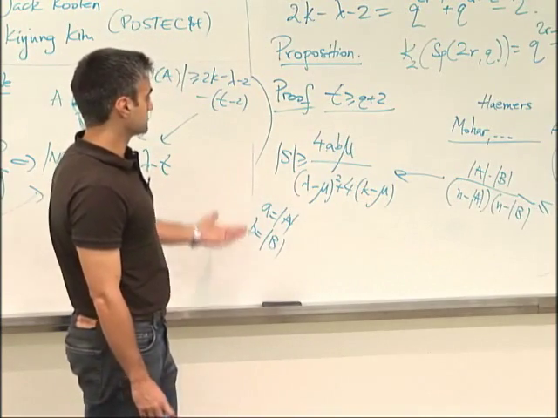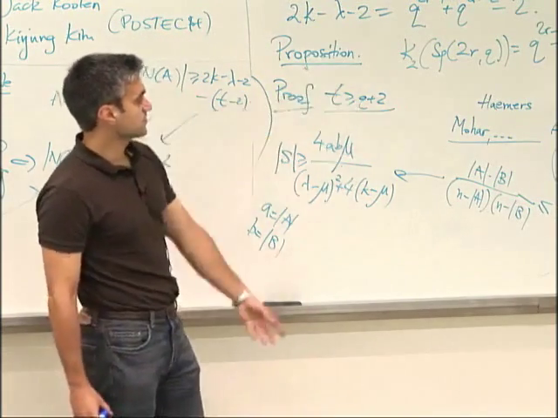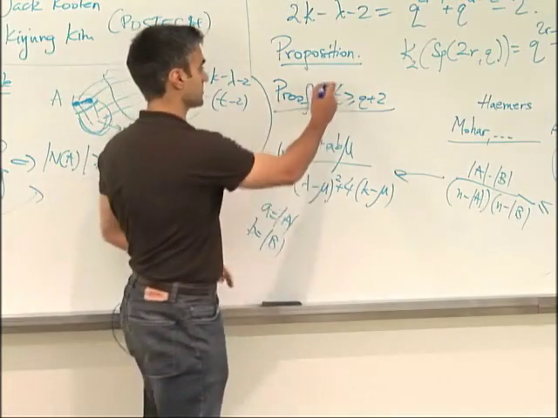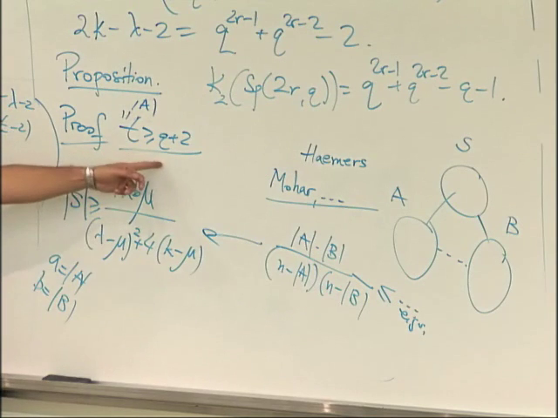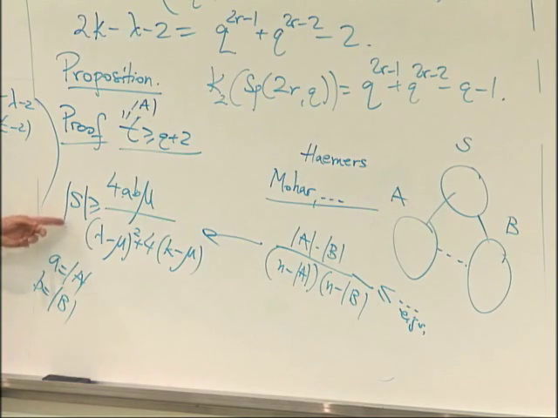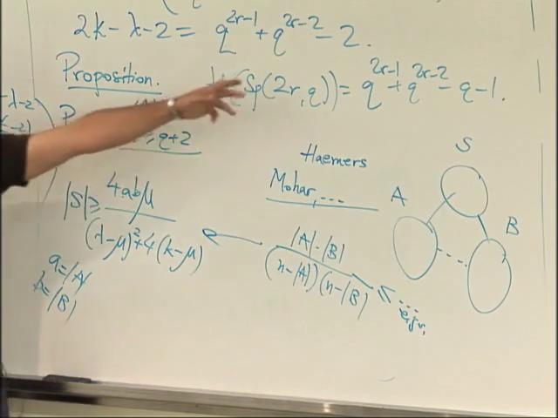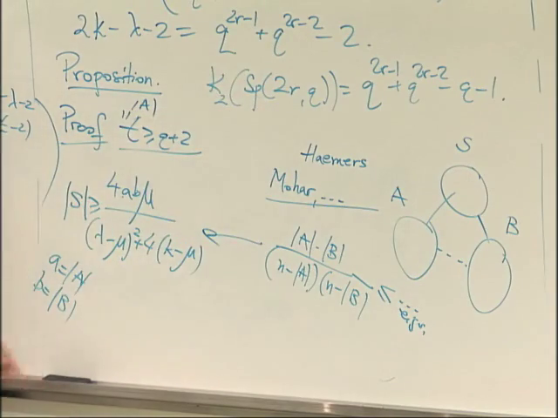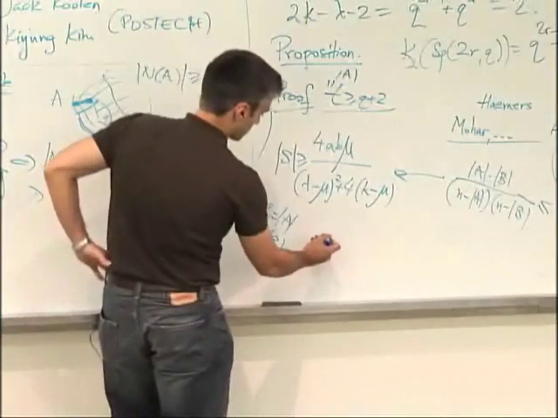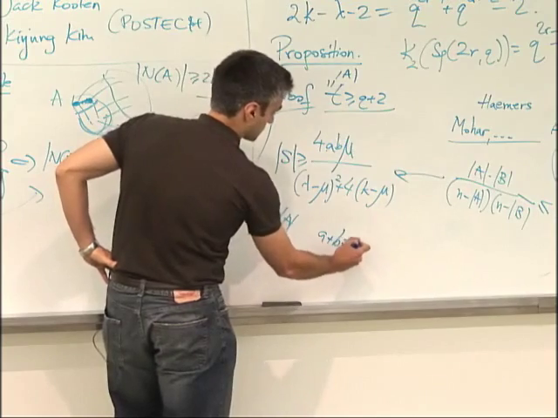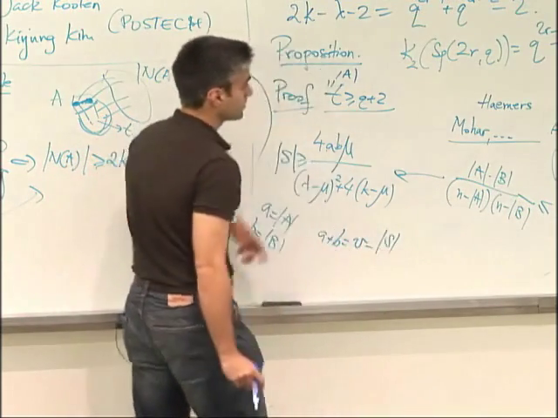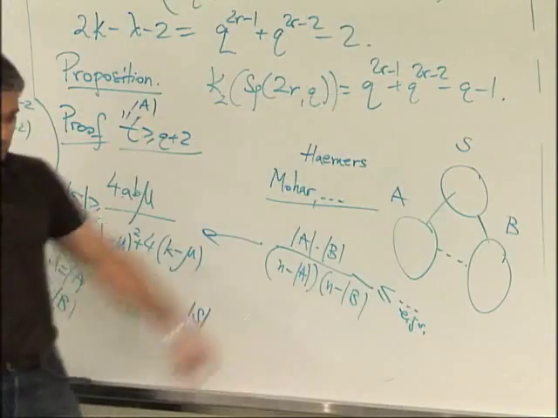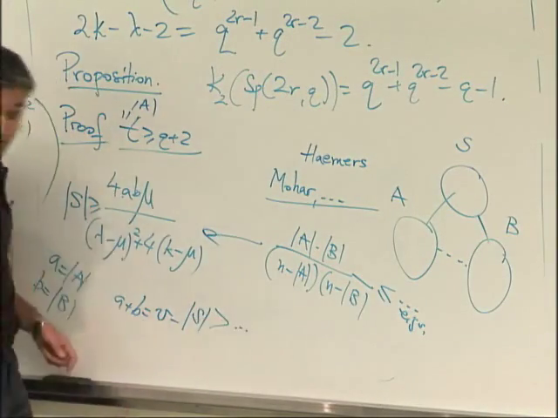And now how do you get this result? Well, if t, which was now in my case the size of A, is bigger than q plus 2, and I assume by contradiction that the size of S is less than what I proved, then what's going to happen? Well, I'm going to have a plus b is the number of vertices in my graph minus the size of S. But if I assume that S is less than this, then this is going to be bigger than something.